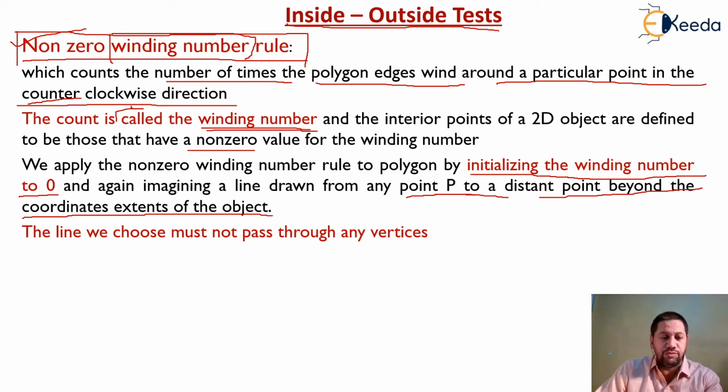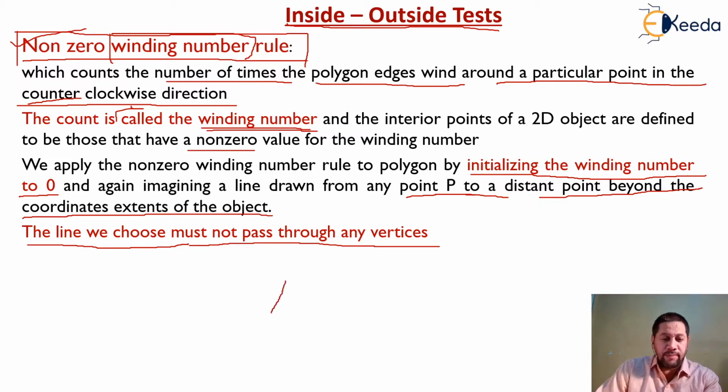Here we have to take one care: the line we choose for the non-zero winding rule must not pass through any vertices. It should not cross the exact point of a vertex of the polygon.